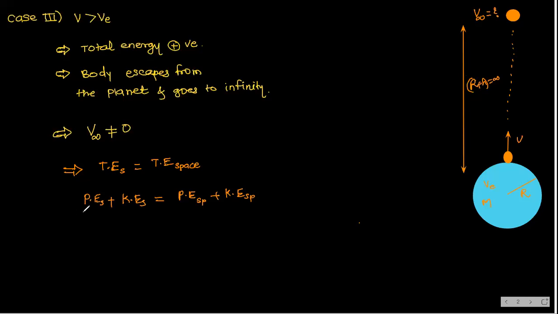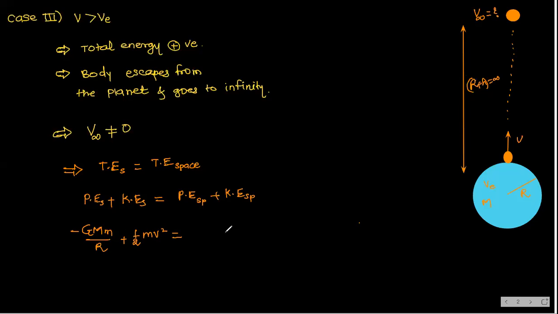Potential energy on the surface, tell me, minus GM by r plus... Sir, what is S and what is SP? SP for space, S for surface. Half m v square.